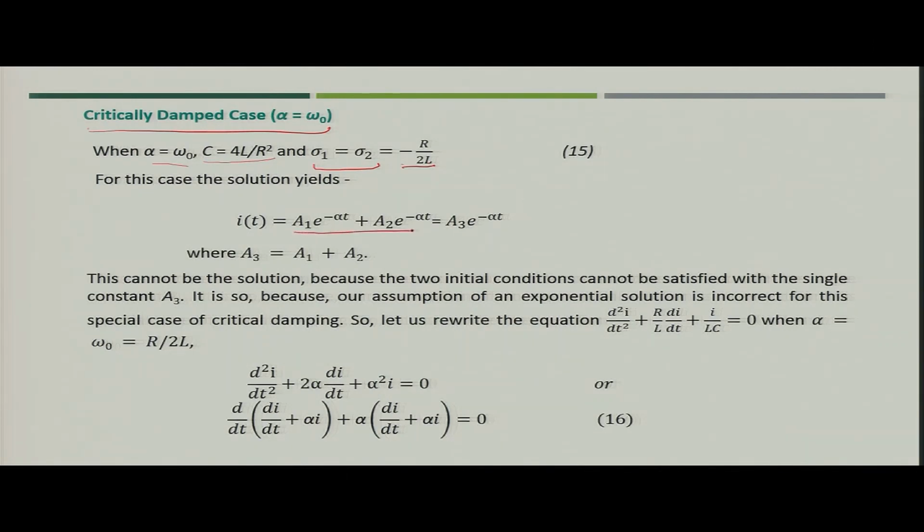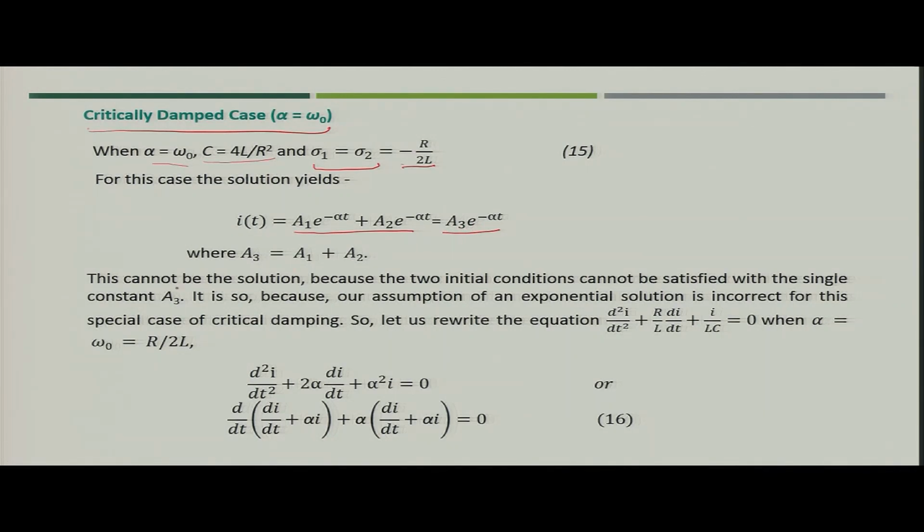You can simplify it, because alpha is equal to omega naught. When you simplify, you can write it as A1 e to the power minus alpha t plus A2 e to the power minus alpha t, or you can simply say A1 plus A2 is nothing but A3. So, the solution will become A3 e to the power minus alpha t.